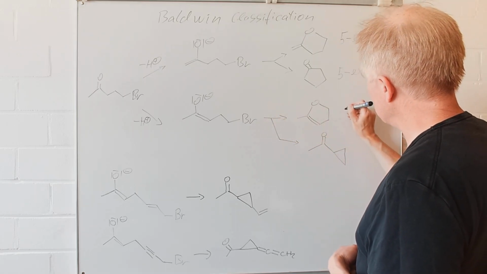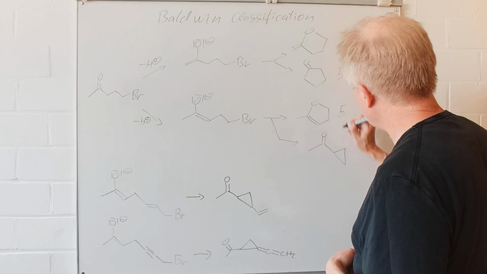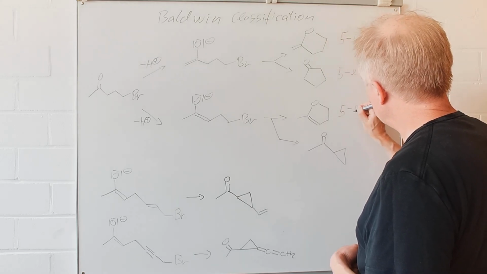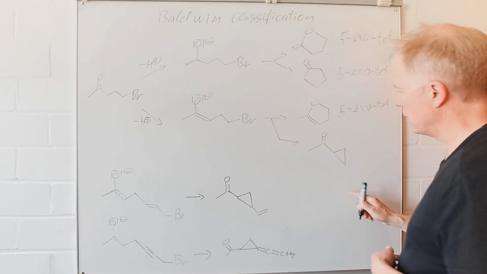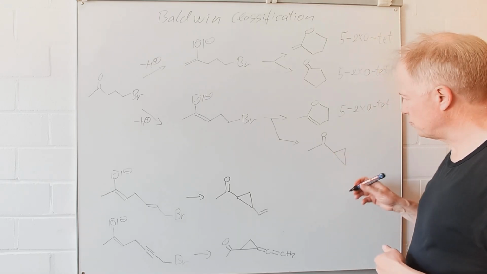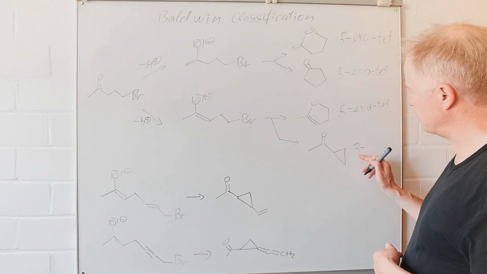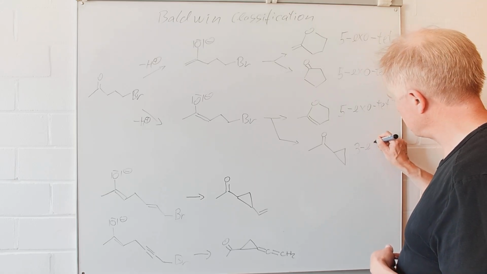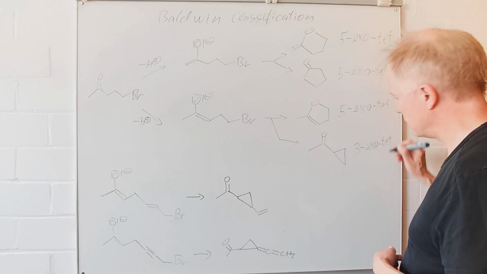In this case, also a 5-membered ring. Again, exo tet. But here a 3-membered ring is formed, and this is therefore classified as a 3-exo tet reaction.